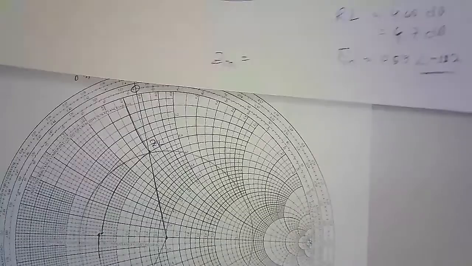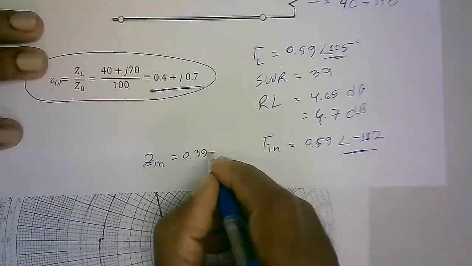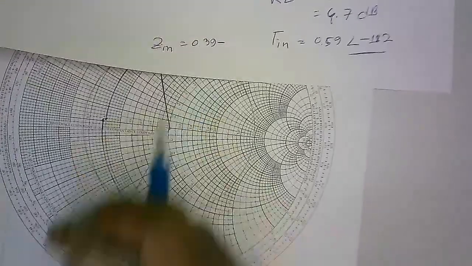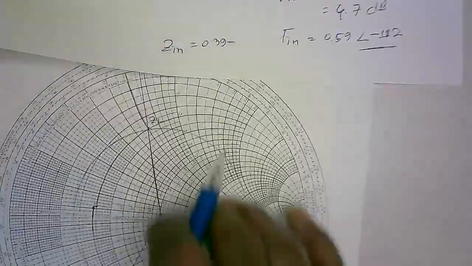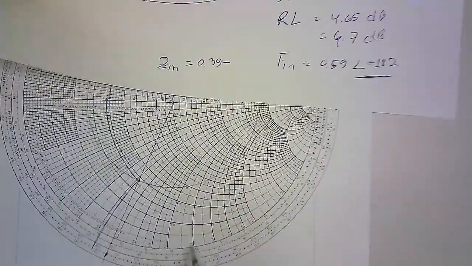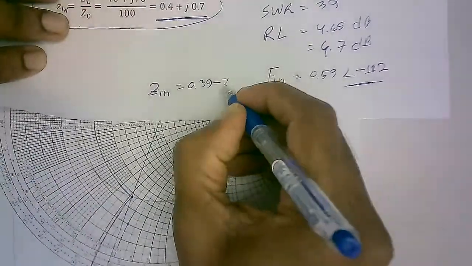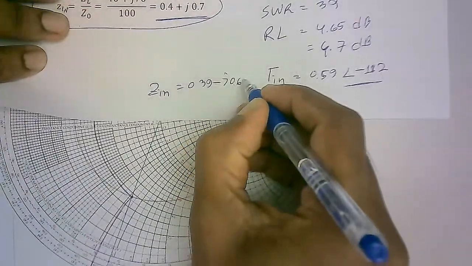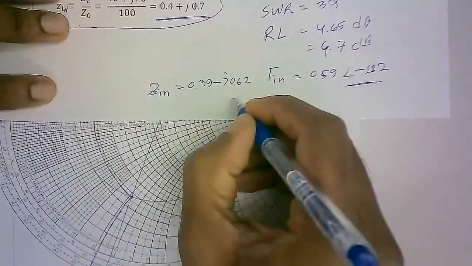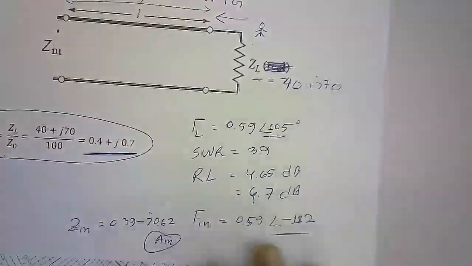So the value of Z in is equal to 0.39, minus of course, because this is at the bottom, and if it's up then it's positive and the bottom is negative. So we have 0.39 minus j0.62. So this is your answer. So we have all the answers now.